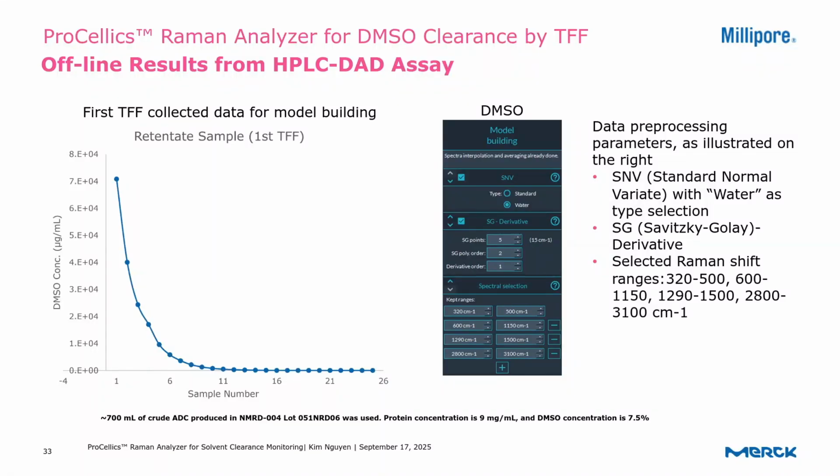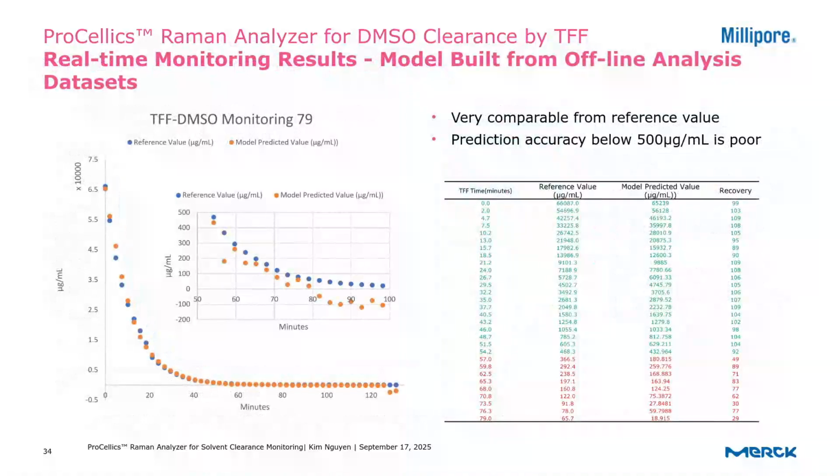On the right are the data pre-processing parameters, where we selected 4 different wavelength ranges. We will use this model to monitor our second TFF process, which is in the next slide.